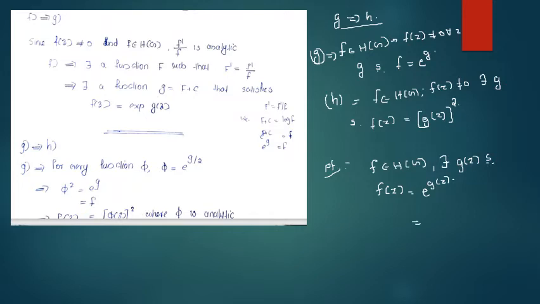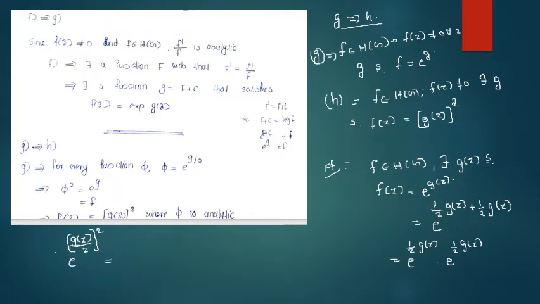This can be written as e raised to half into g of z plus half into g of z, and this equals e raised to half into g of z times e raised to half into g of z, which can be written as e raised to g of z divided by 2 the whole square.